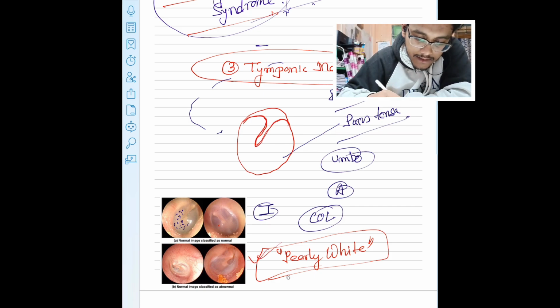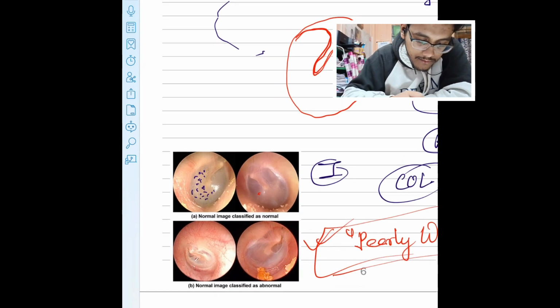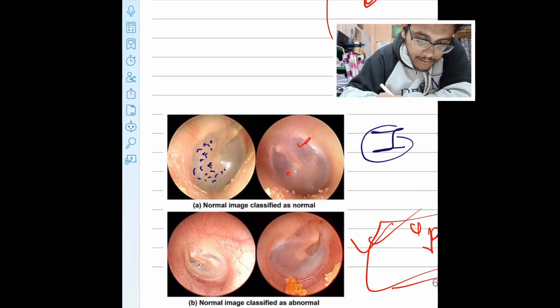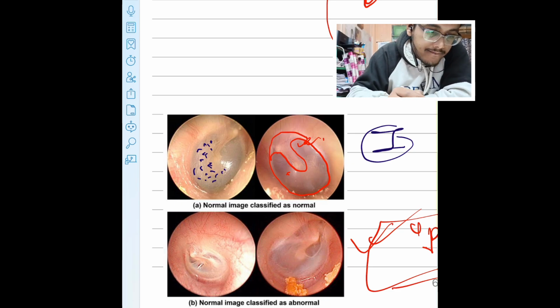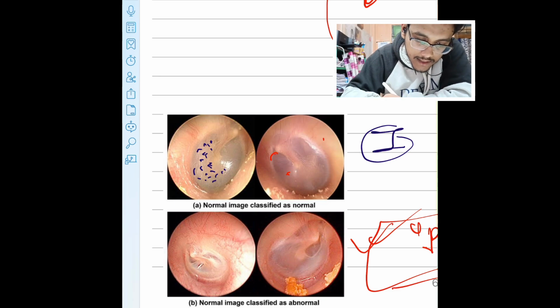So you can see that this is the normal tympanic membrane, the pearly white area. Okay, this is the area of the tympanic membrane. Let's draw it again.